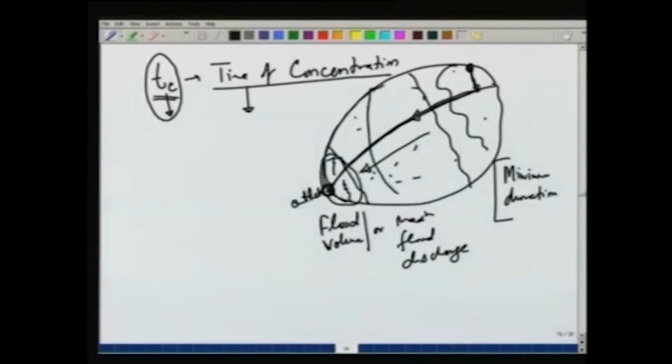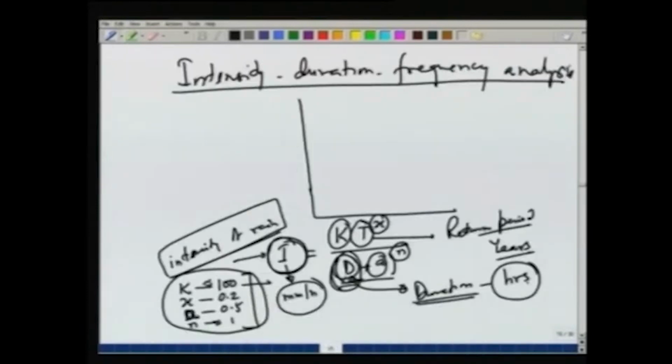This area may still be contributing to the flow, because different areas will take different times to reach the outlet, and at the time T c, the entire area contributes to the flow, because the raindrop falling here has also reached the outlet. Therefore, this T c is important, and in the intensity duration frequency curve, this D can be taken as T c to get the maximum flow possible at that location.